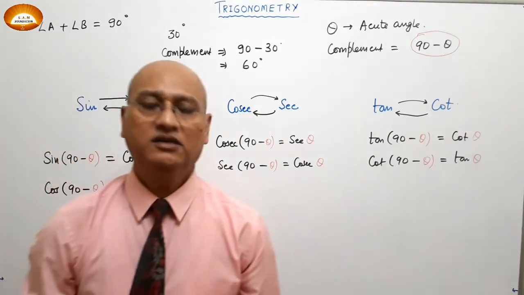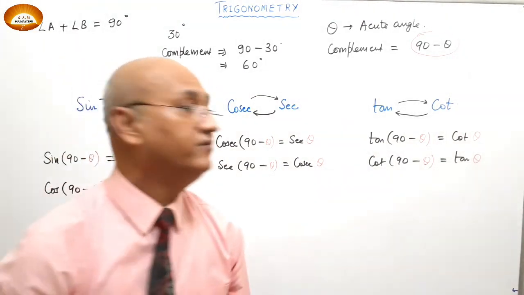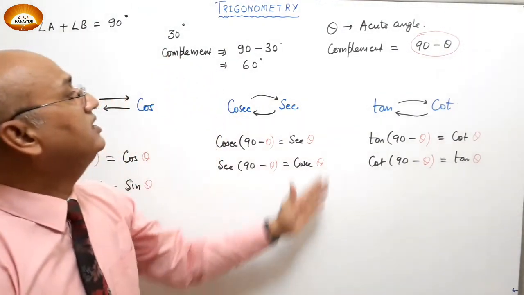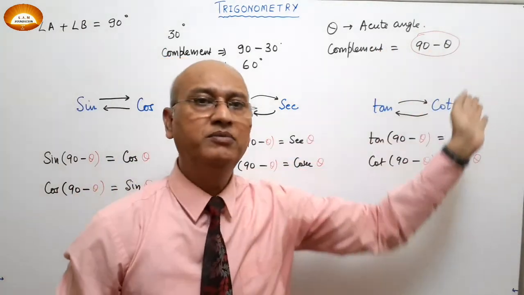Now these are the complementary angle formulas, which show the changes that occur in the trigonometric ratios when they are associated to the complement of an angle.